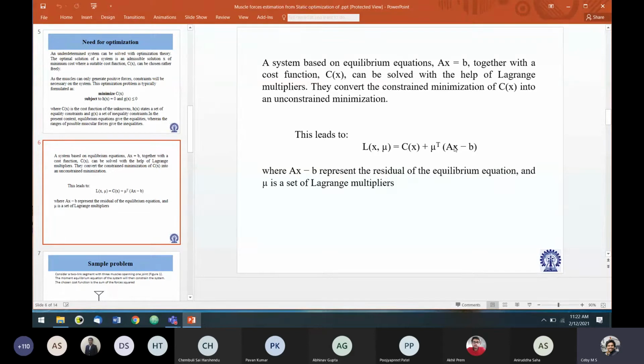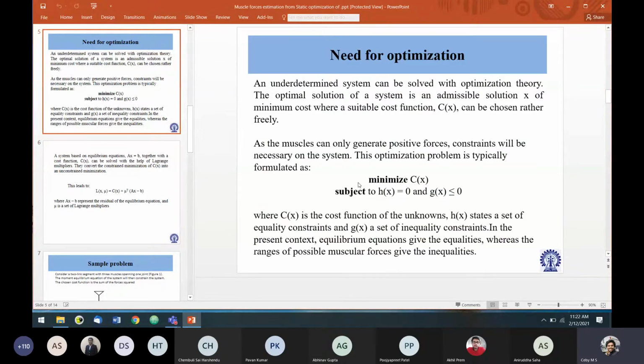Consider if there is a constraint that muscle forces have to be positive or non-negative. We will have to use another Lagrange multiplier set along with the muscle force. Just consider the muscle forces are g of x, and g of x is greater than or equal to 0.